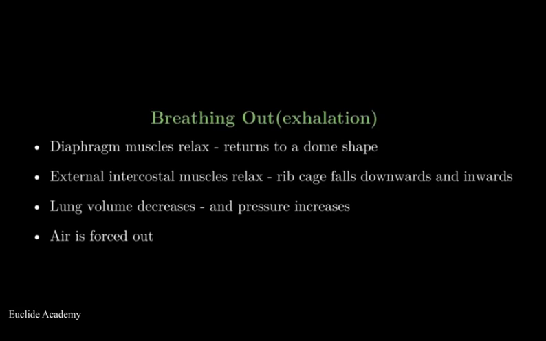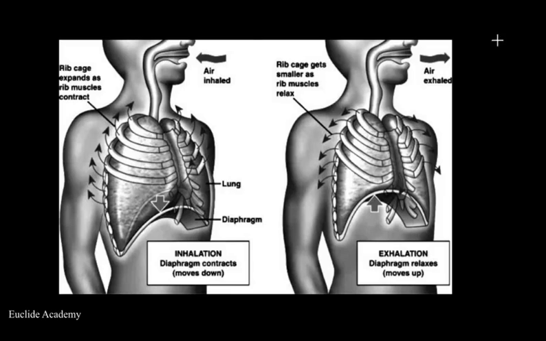That is what happens when we are breathing out, and that is the mechanism. What you can note here is the movement of the external intercostal muscles. When we're breathing out they relax, and when we're breathing in, they contract.